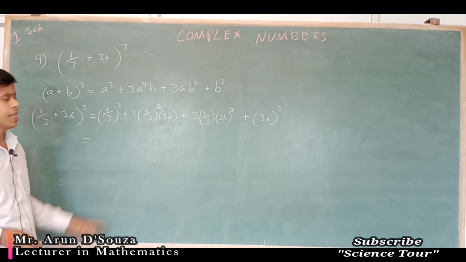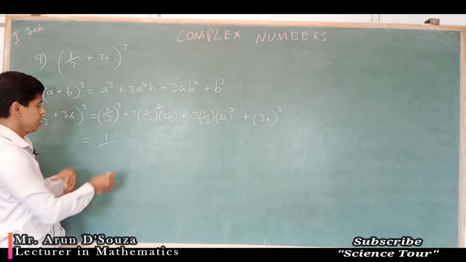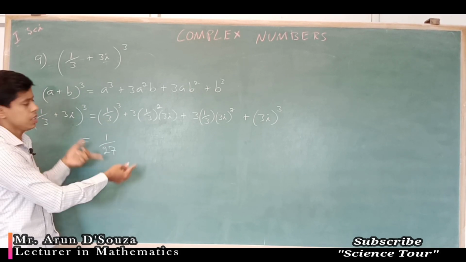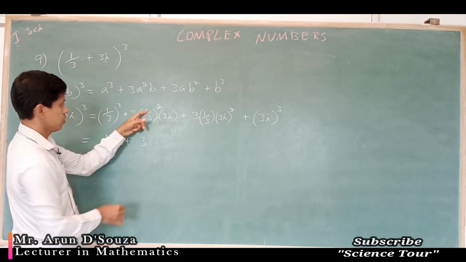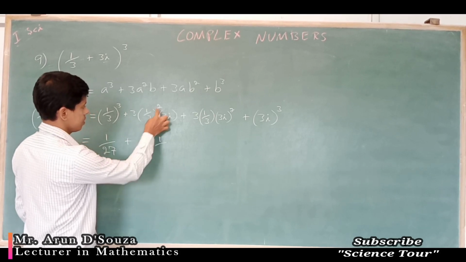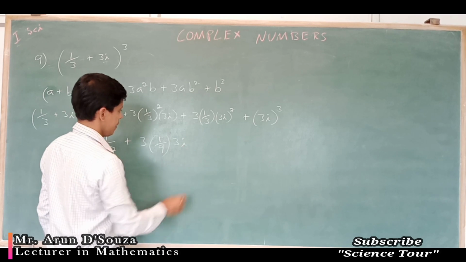Now simplify it. So 1 cube is 1. 3 cube is 27, 3 into 3 into 3. Okay. Now this is 3 into (1 by 3) whole square. So 1 square, 3 square is 9, and then the i.